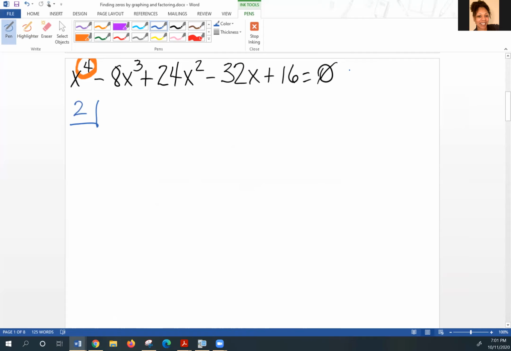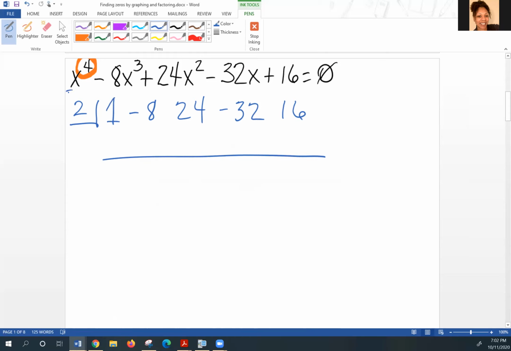So synthetic division is where I'm going to start, but I needed a divisor, so I just found it in my calculator. So 1, negative 8, 24, negative 32, and 16 are my coefficients and my constants that I'm using.